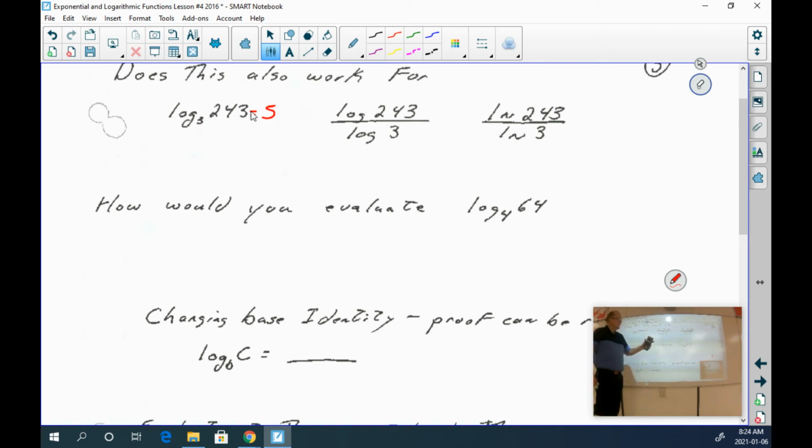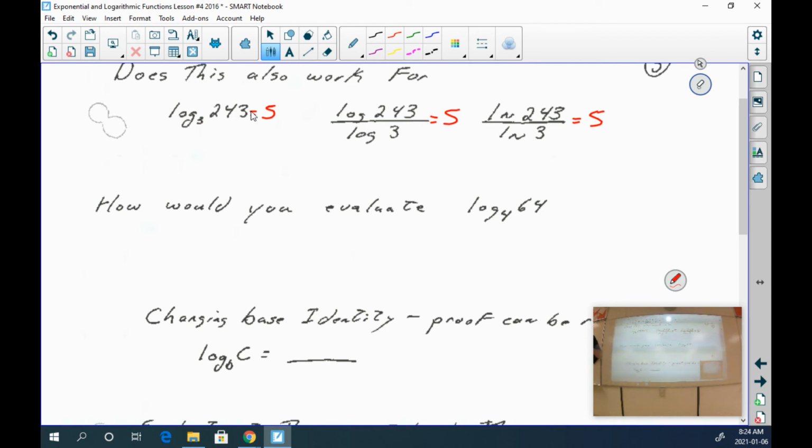Now, using our calculator, if it holds true, and it does, if I go log 243, making sure I close my brackets, and divide by log 3, I know it's very boring for you to see this, we end up with 5, and the same thing for our ln. Not surprising, as I'm doing it, you probably notice that it's going to be the same.